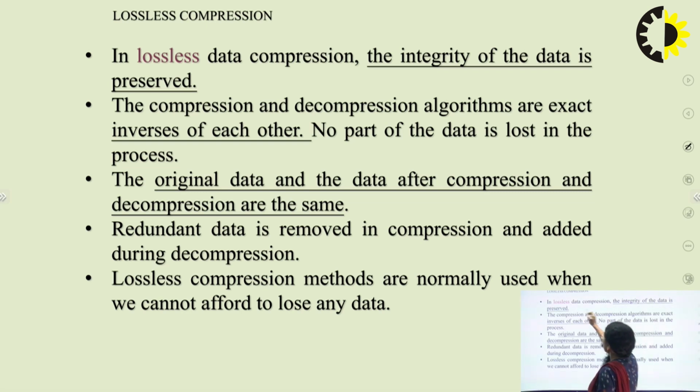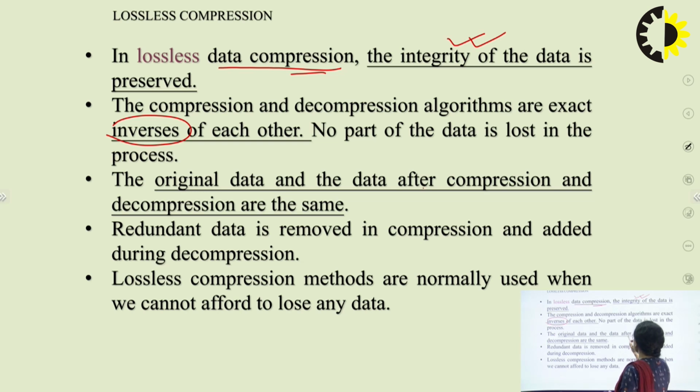In the case of lossless compression, the integrity of the data is preserved. That means we are not compromising on the integrity of the data. Here, the compression and decompression algorithms are devised in such a way that one is the inverse of the other, and the original data and the data we get after decompression should convey the same meaning.